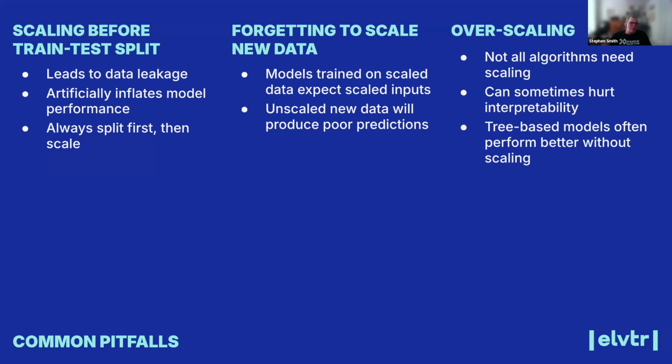But when it matters, if you're doing an ensemble where you mix trees and linear models, you do need to scale. But if you're just doing a pure tree-based algorithm, don't worry about it. Scale when you need to, not because you can. And every pre-processing step can be a potential failure point.